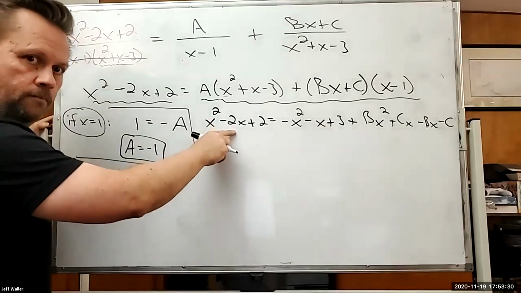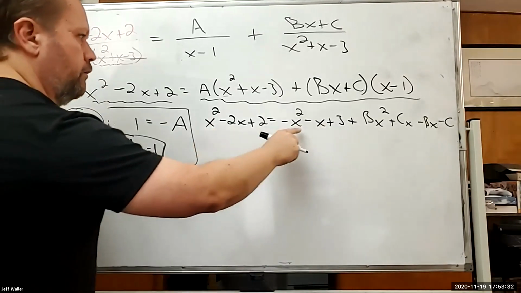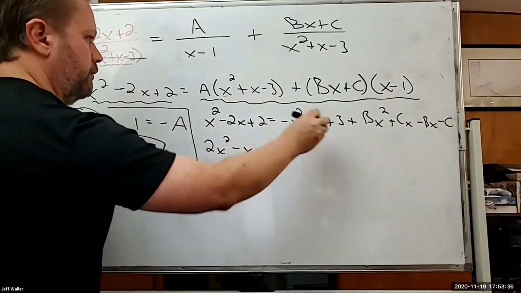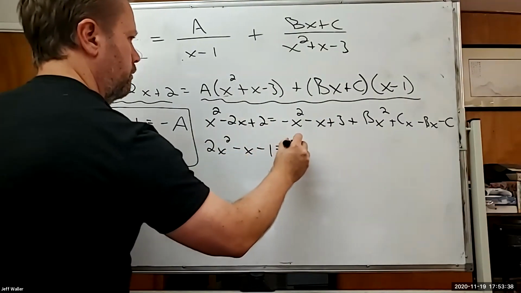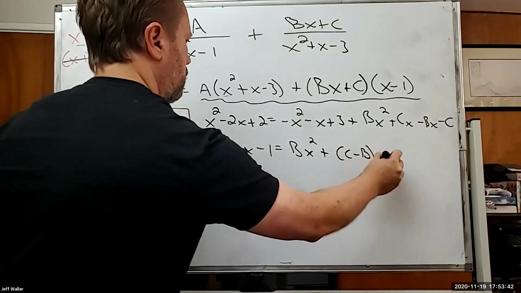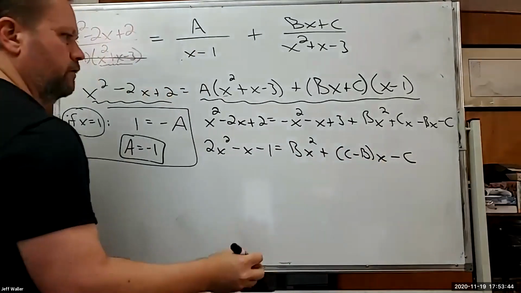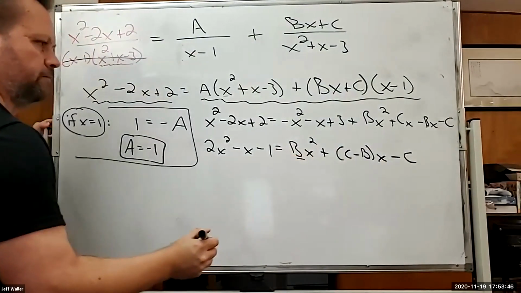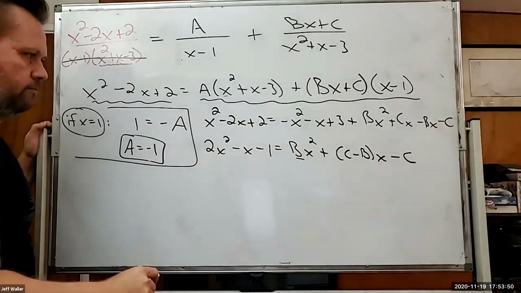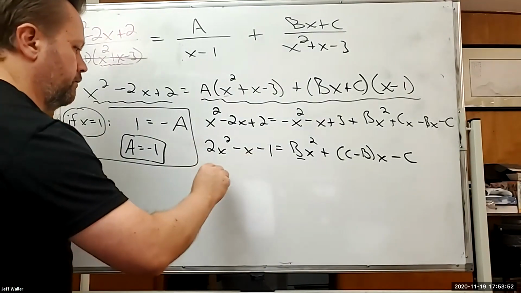Right, so I'll add x squared, I'll add x, and I'll subtract 3. So what must b be? 2. B's got to be 2.